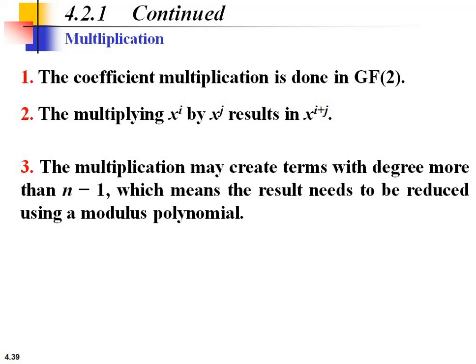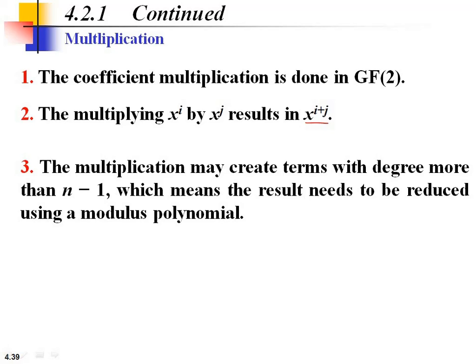Next comes the multiplication, how we can perform the multiplication for the polynomials in GF2 to the power n. So the coefficient multiplication is done in GF2, and by multiplying two powers, x to the power i by x to the power j, we will get the result as x to the power i plus j. Okay, but there is a catch, that the multiplication may create terms with degree more than n minus 1.